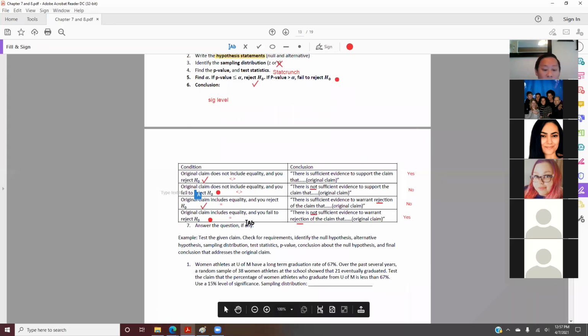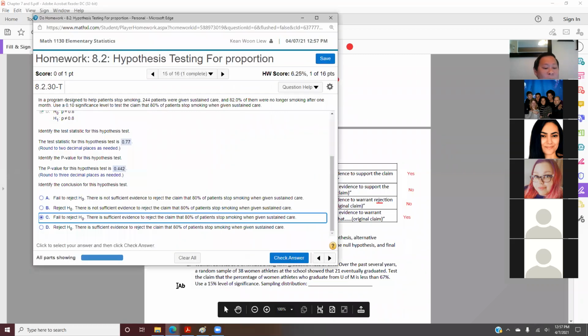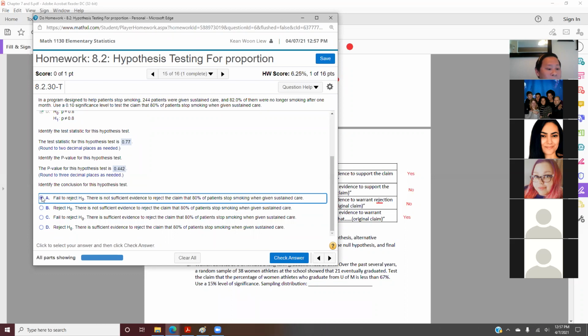So your answer will be the fourth. This one is very tricky because you don't have the word equal. Yeah, this is the right one, that would be A. A, yeah, that will be not sufficient evidence to reject the claim. Usually there is an equal sign in here. So I don't know why they don't put an equal sign in here, which is really, really troubling. They should put an equal sign in that case.